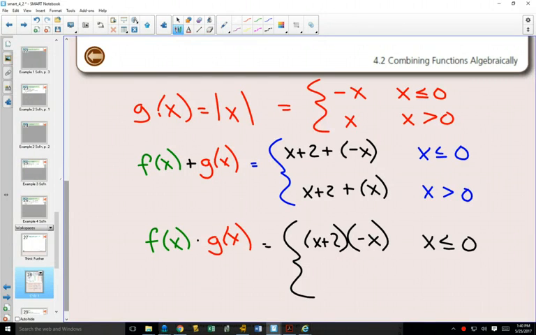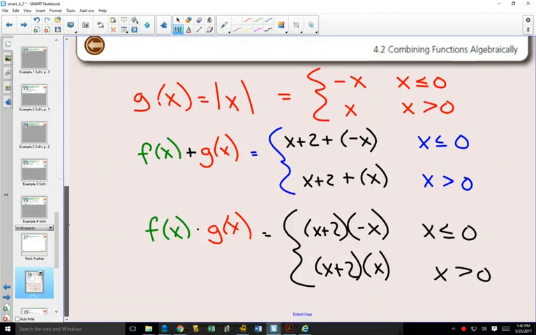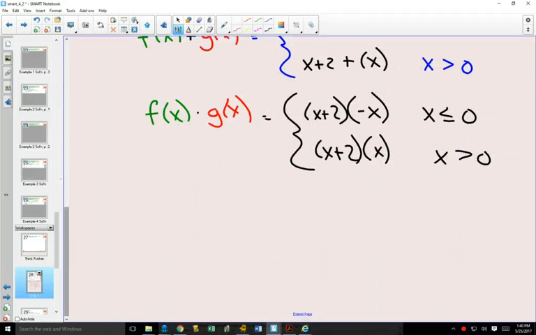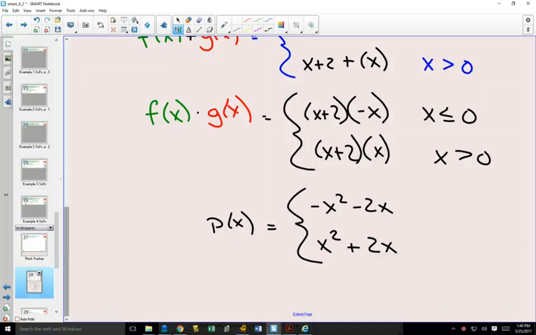I'll simplify it afterwards. And when x is bigger than 0, f of x is x plus 2, and g of x is x. So if we multiply both of those out, we get that p of x is equal to negative x squared minus 2x when x is less than or equal to 0, and x squared plus 2x when x is bigger than 0.